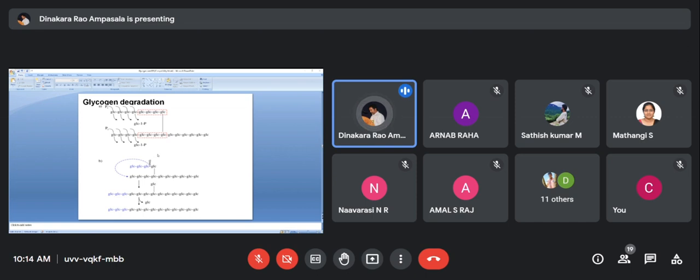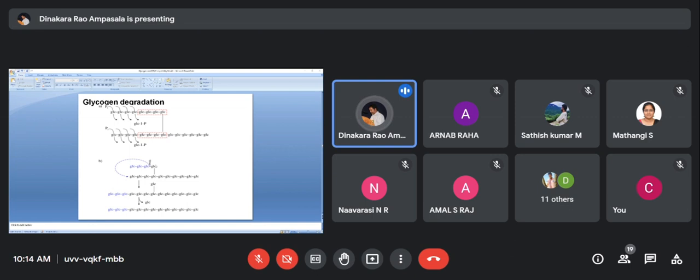So here you can see a glucose molecule at the branch point. These branch point molecules will be removed by a simple hydrolysis reaction, as a single glucose molecule. From glycogen, the other glucose molecules are removed as glucose 1-phosphate, isn't it?